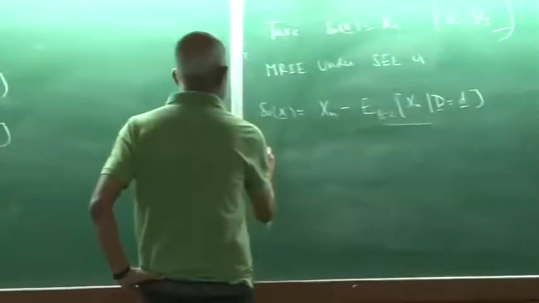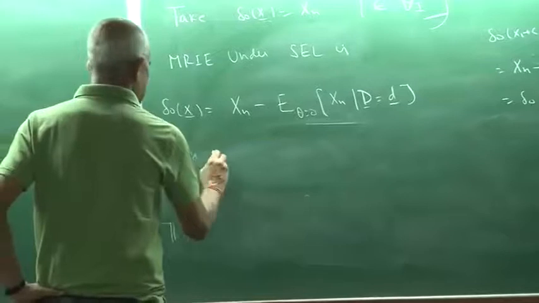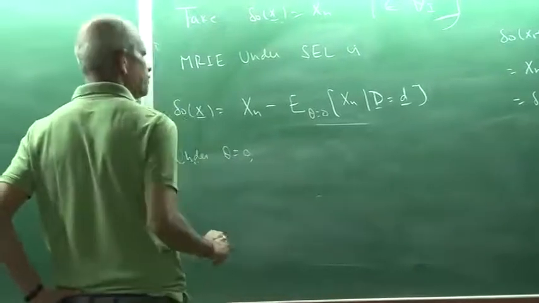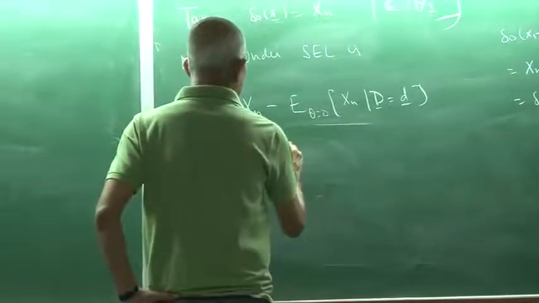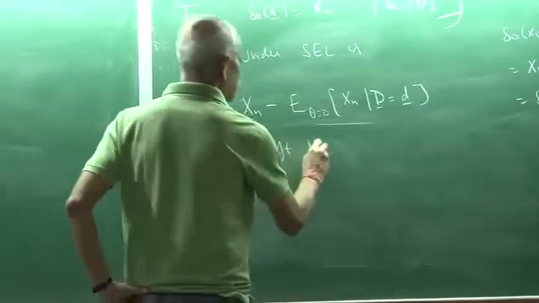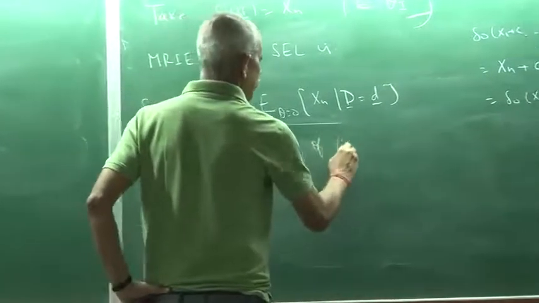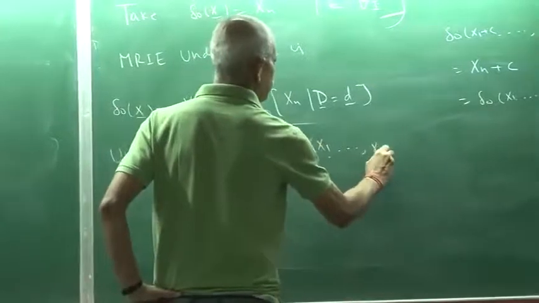So, under theta is equal to 0, the joint PDF of x1, x2, ..., xn would be how much?